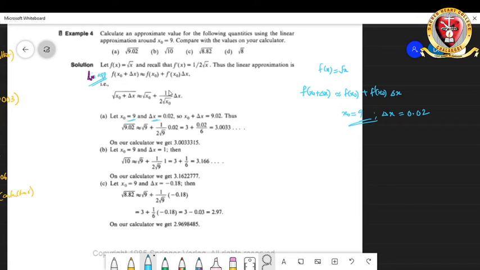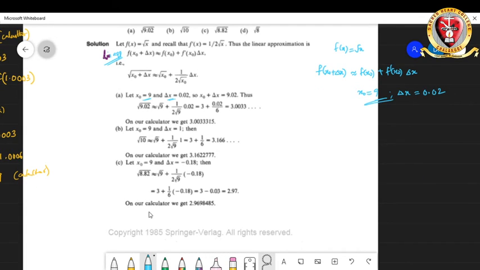In part C, x naught is 9 and you have to get 8.89, so you take delta x to be minus 0.18. Then you substitute in the linear approximation equation to get the values. Also remember to find the values on the calculator and compare with what we obtained.